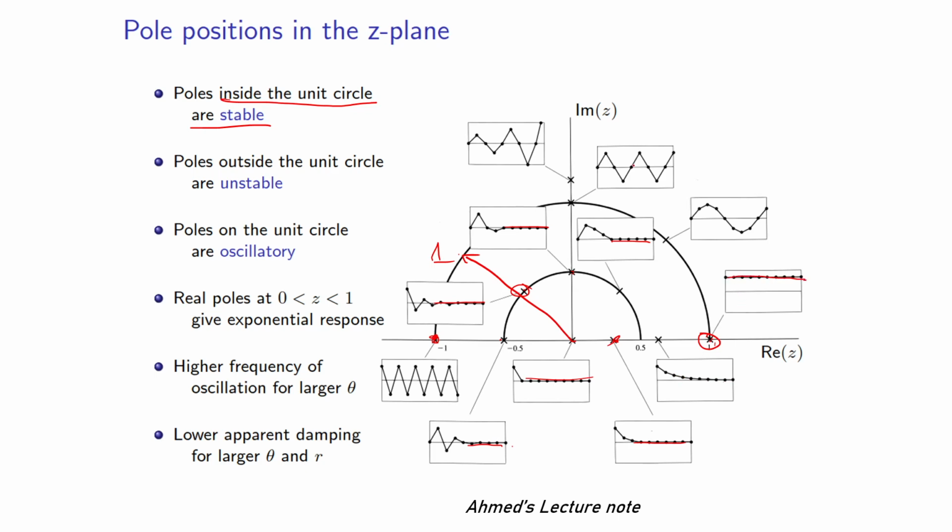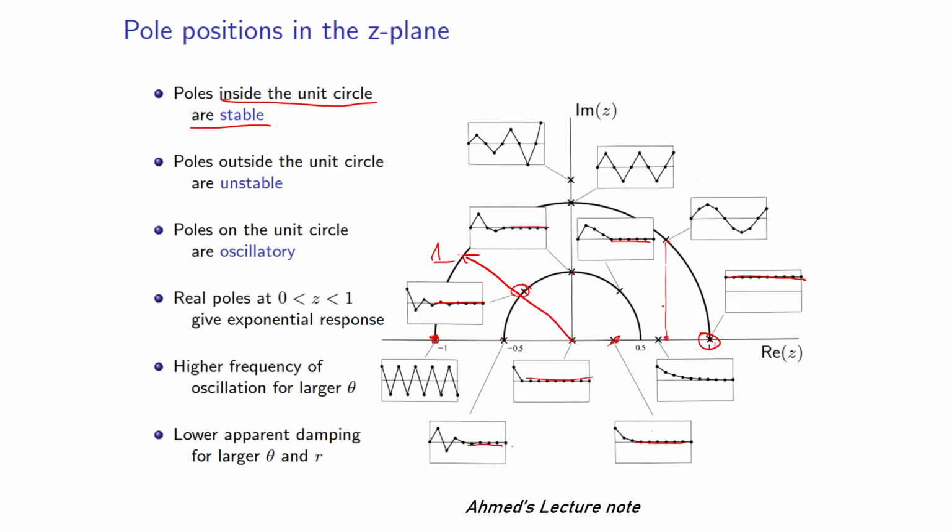And if you have poles on the circle here and here, so actually you have what? You have the real part less than 1, right?